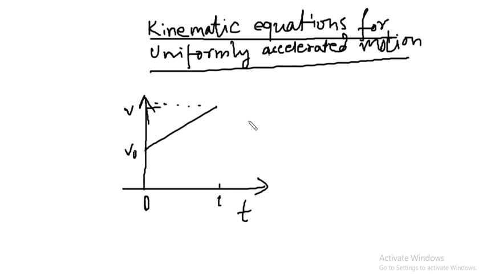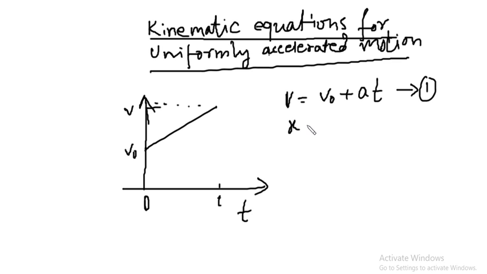So in this case, what we have already seen in the previous video, that v is equal to v0 plus a t, where a is constant acceleration. This is what we have already seen in the previous video. In this video I'll show you two more kinematic equations.